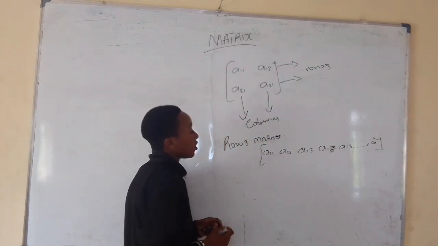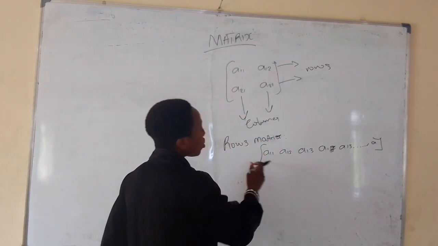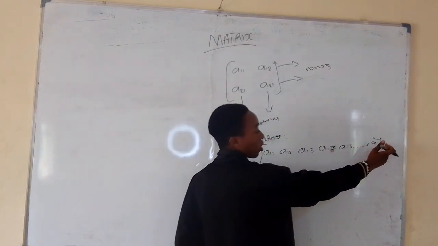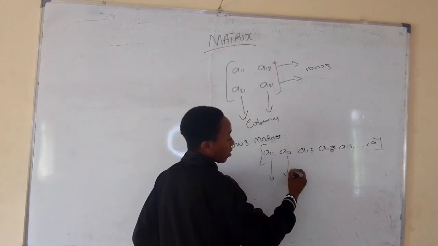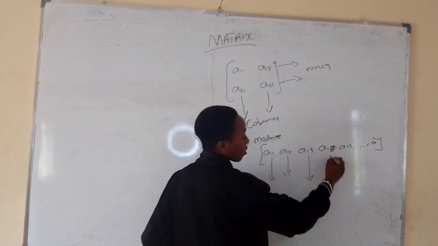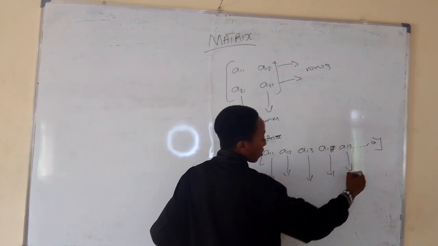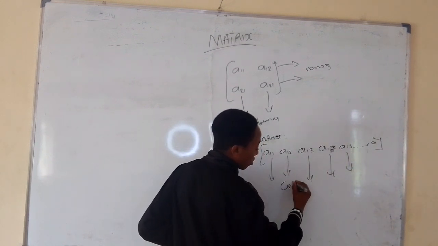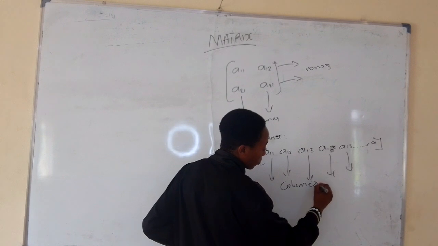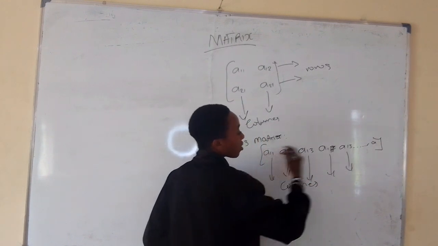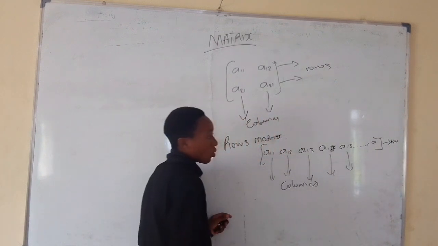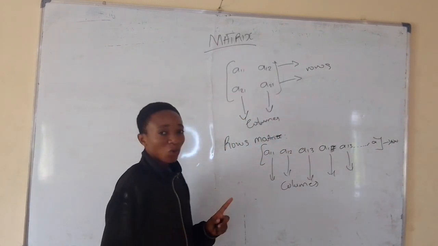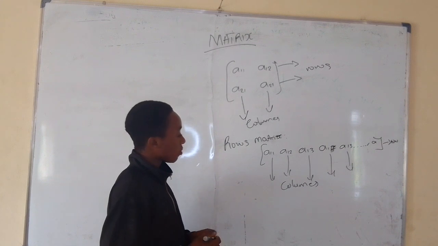This is an example of a row matrix. It has just one row, but it has multiple columns. These are the columns, but it just has one row. So a row matrix has one row and multiple columns.